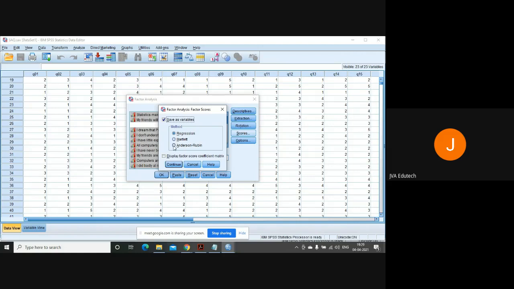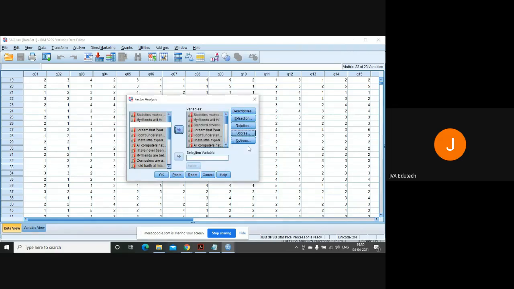Here I am taking Anderson-Rubin, and I will explain the reason behind it. And select display factor score coefficient matrix.